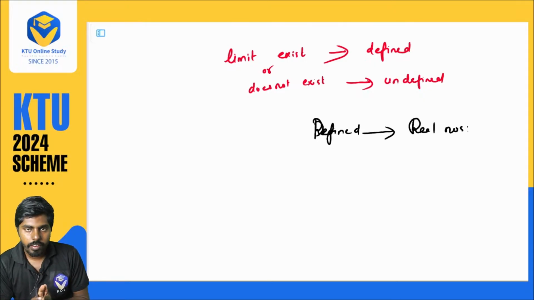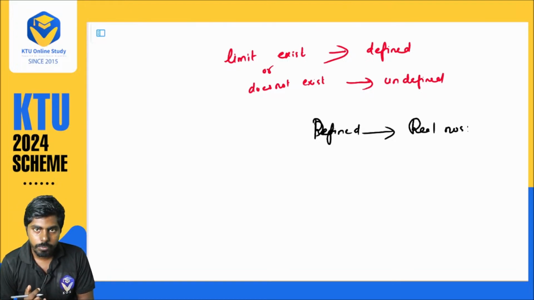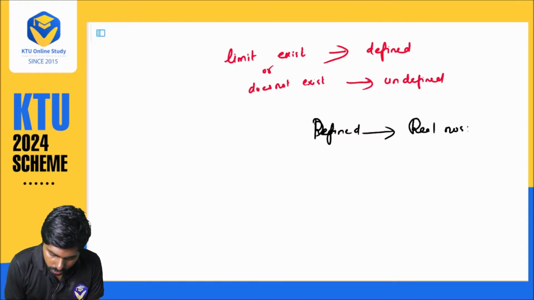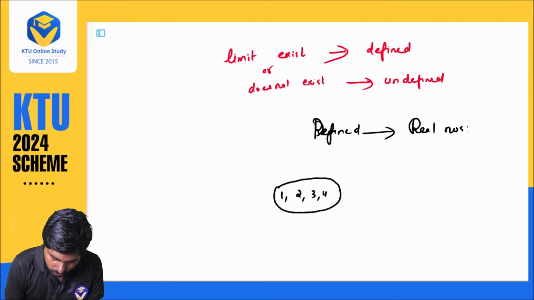This is also something we learned in our school life, in 6th and 7th standard. What are real numbers? We know about the natural numbers. Natural numbers start with 1, 2, 3, 4.